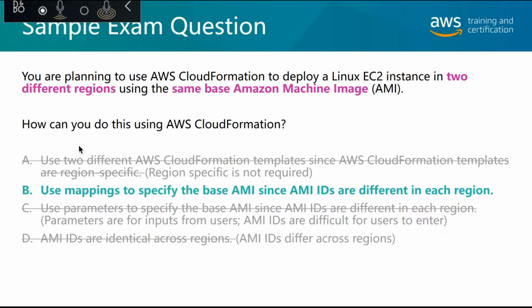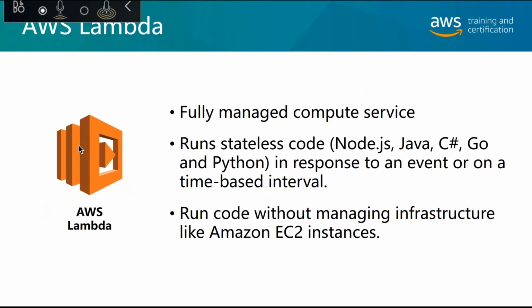So make sure you understand the difference between the sections, like parameter section, mapping section, output section, resources section. That's really important. And AMI IDs are not identical across regions. What you would do is create an AMI from your EC2, and then copy it to a different region, and you'll have your unique AMI ID.